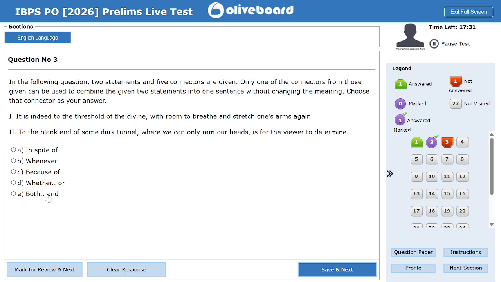Because it is indeed the threshold of the divine with room to breathe and stretch one's arms again, to the black end of some darkness.